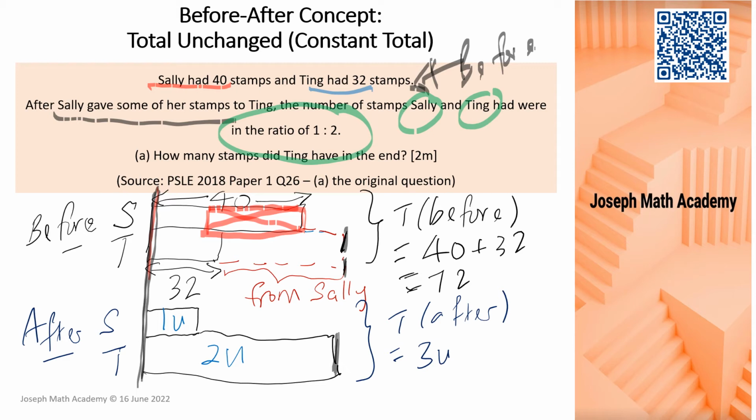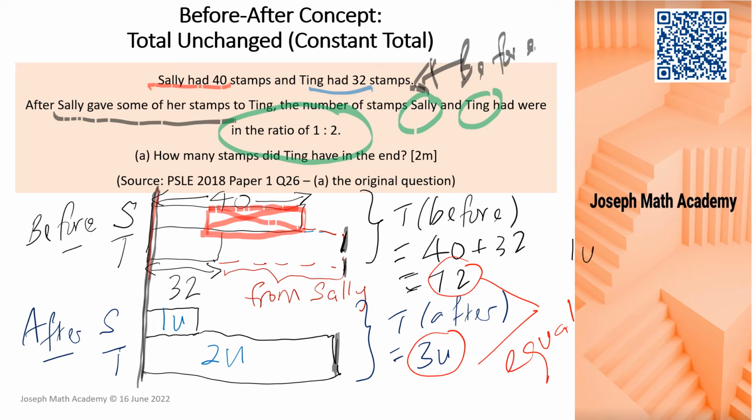Since this question involves internal transfer, that means total unchanged, we can conclude that these two must be equal. So 3 units must be 72. All right, if 3 units is equal to 72, let's find what is 1 unit.